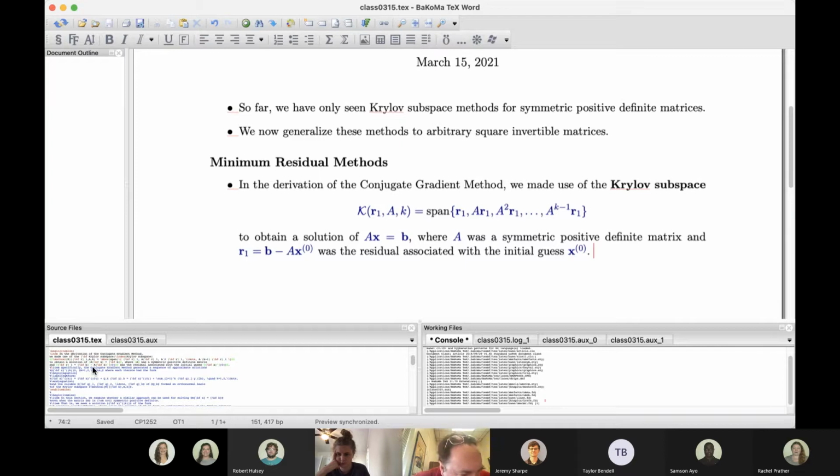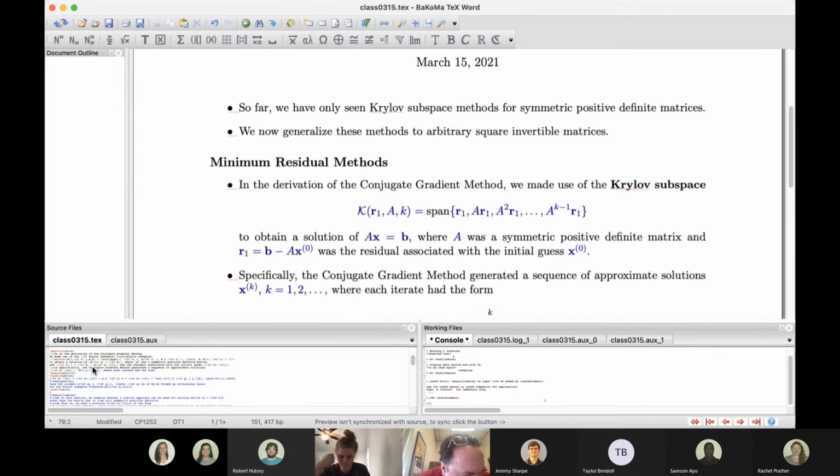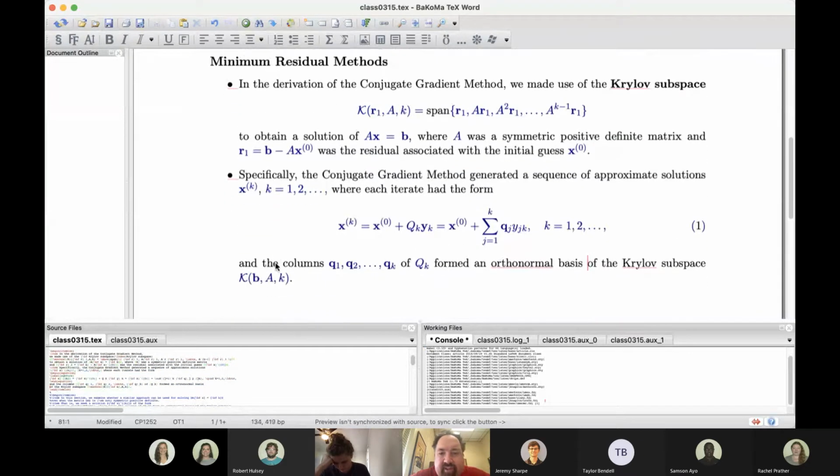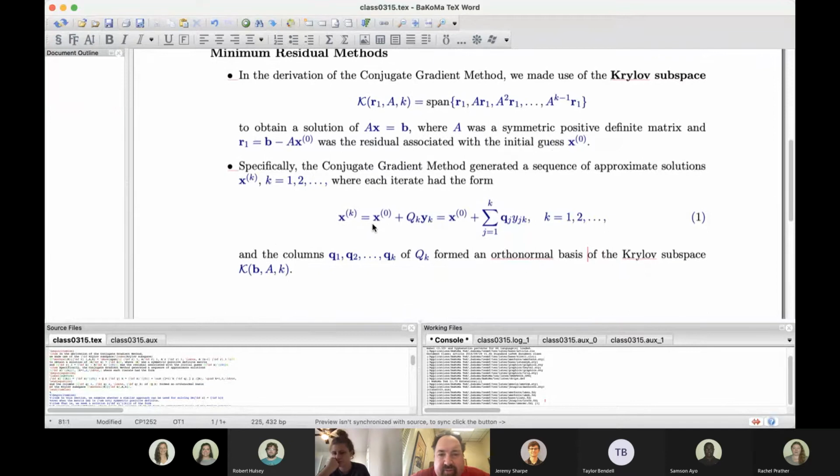We'd like to have a similar idea, but how do we get around the fact that the system is not symmetric positive definite? With conjugate gradient, every iteration had this form. After k steps, our solution is the initial guess plus a linear combination of these orthonormal vectors q1 up to qk that form an orthonormal basis of this space. And then we had to find some way of choosing which linear combination to take.